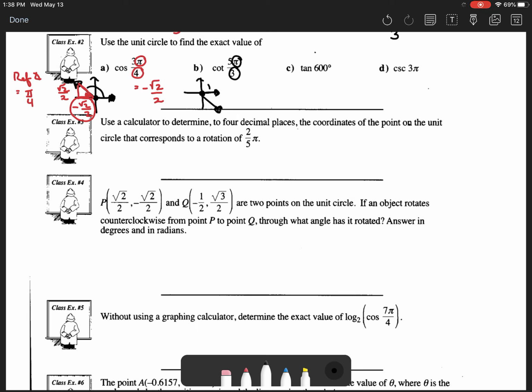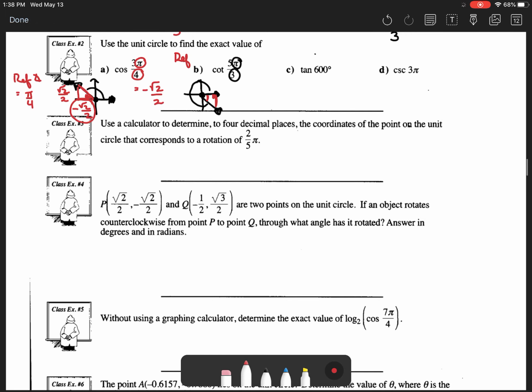So like so, there's what the rotation would look like. I discussed the reference angle, which is in here. My reference angle in this case is 60 degrees, which is pi over 3. So for this one, I have a reference angle of 60 degrees.